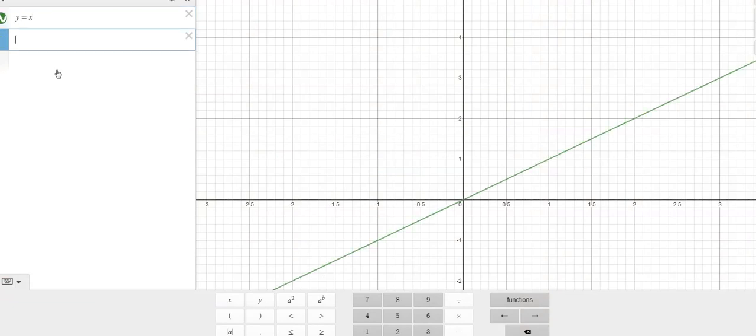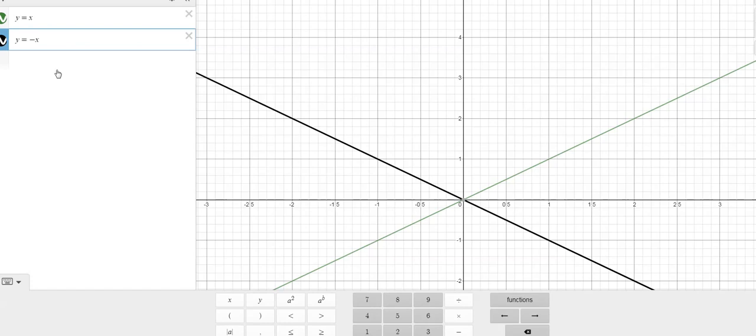Okay, now based on the reflection, if we replace x with negative x, we get a reflection. But note, we're actually getting two reflections.